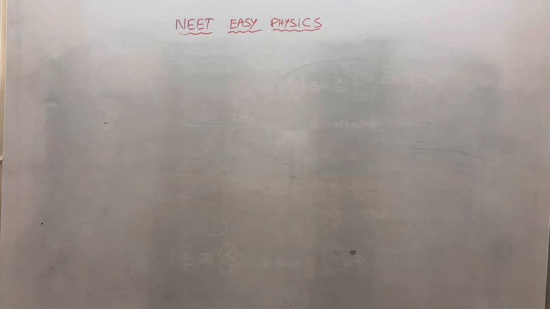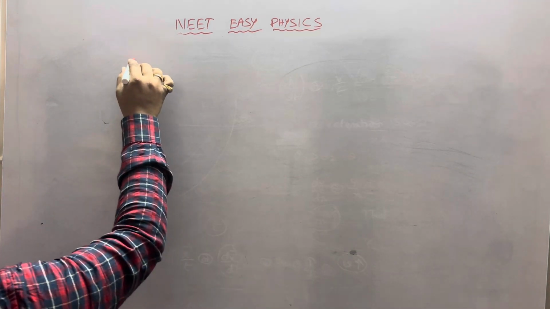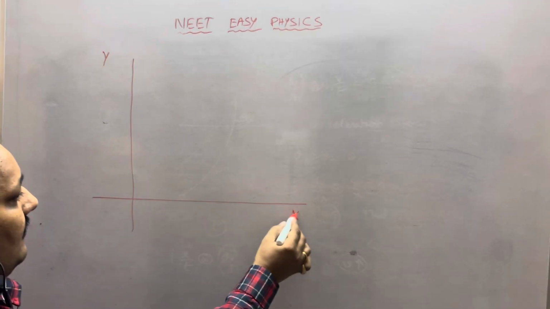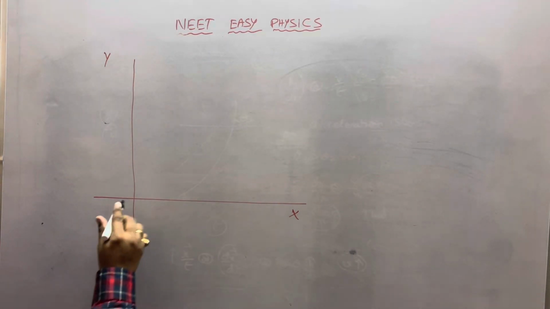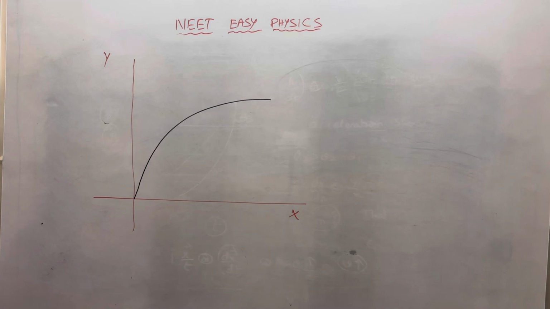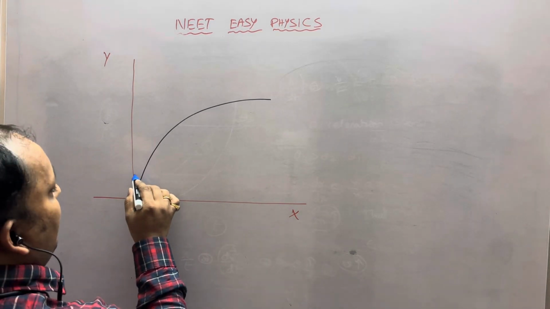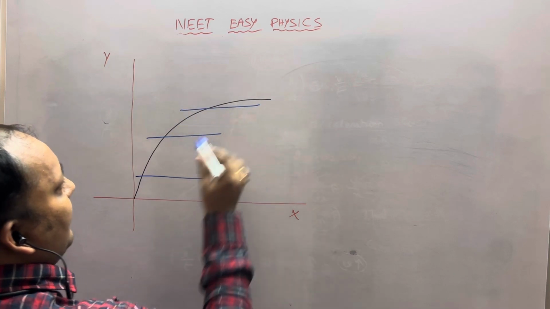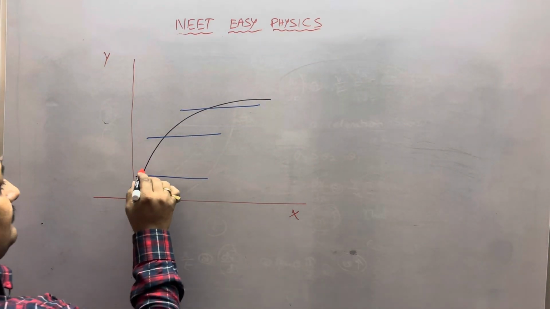See the next graph. If you are taking y-axis, x-axis, now the graph is like this. Now again draw the lines. One line here, one line here, one line here. Now see the theta.